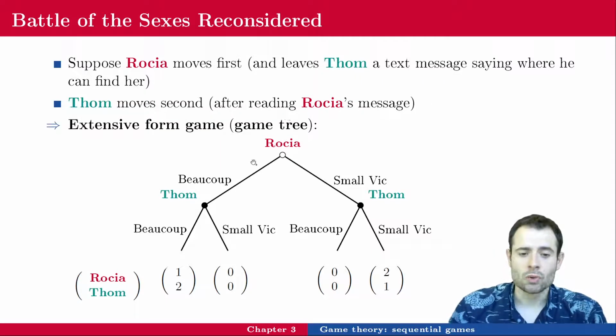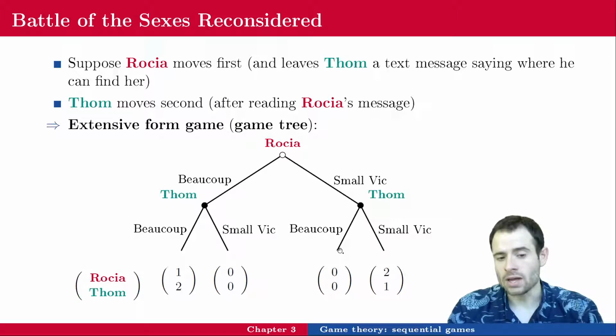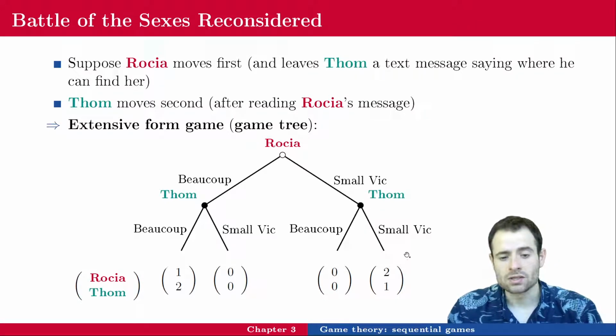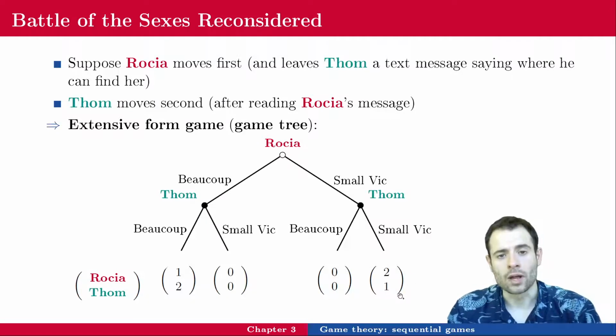If Rosia goes to Beaucoup, but Tom goes to Small Victory, then they miss each other and they both get a payoff of 0. If Rosia goes to Small Victory and Tom goes to Beaucoup, again, they both miss each other and they get a payoff of 0. If Rosia goes to Small Victory and Tom also goes to Small Victory, they both meet. This is Rosia's favorite place, so she gets a payoff of 2 and Tom gets a payoff of 1.